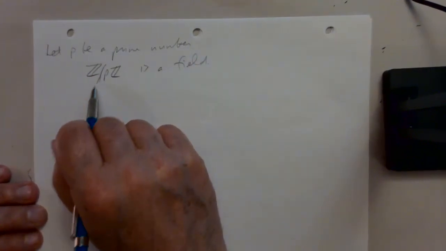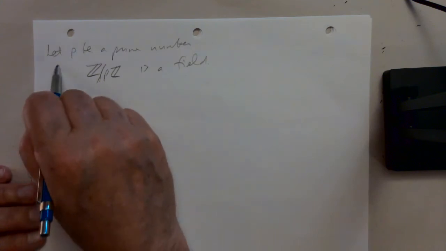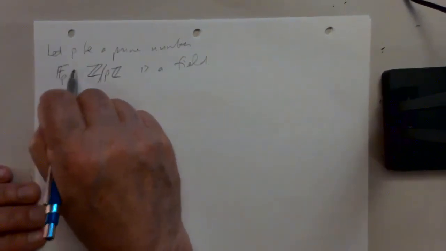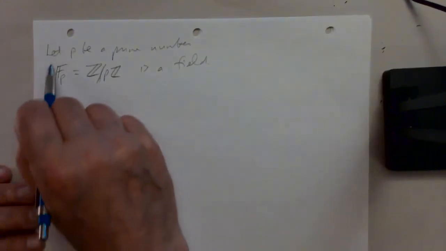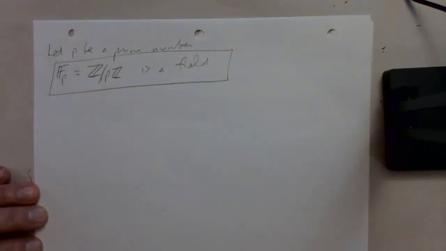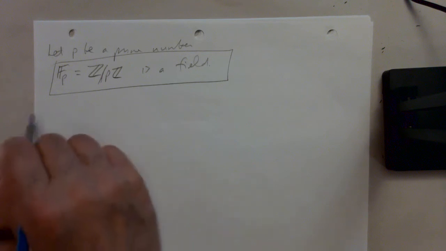The set of congruence classes mod P is a field. We often write this as capital F sub P, the field with P elements. Well, we know it's a ring. The congruence classes mod M always are a ring. What we have to show is that it's a field. Every non-zero element has an inverse.